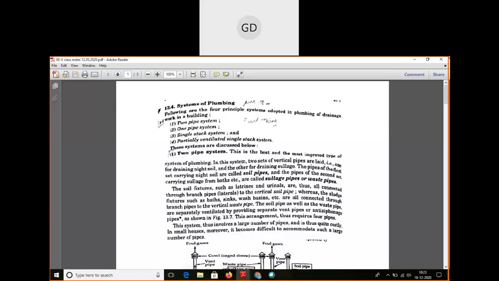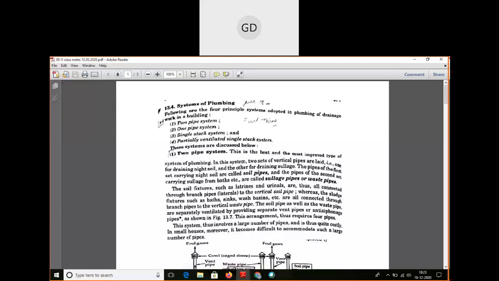So one pipe carries the night soil, and the other pipe carries the sullage. The pipes of the first set carrying the night soil are known as soil pipes, and the pipes that carry sullage from baths and kitchens are known as sullage pipes or waste pipes.